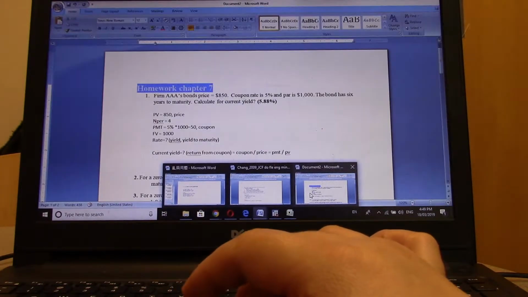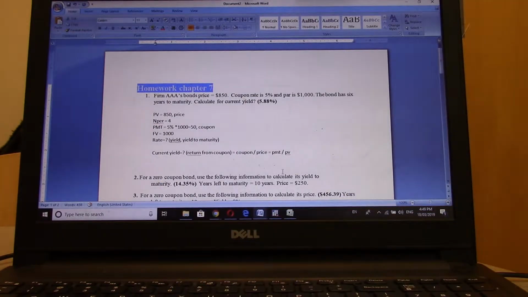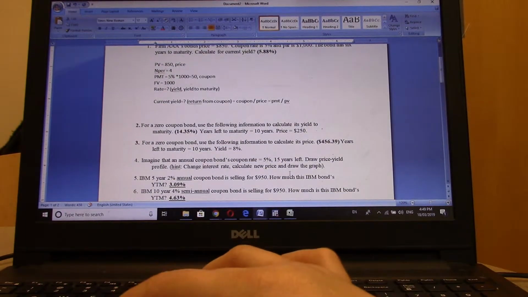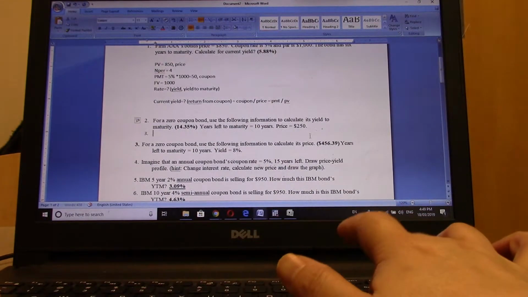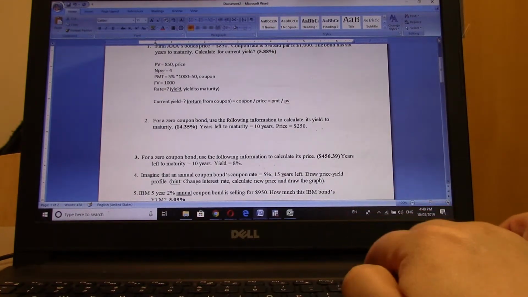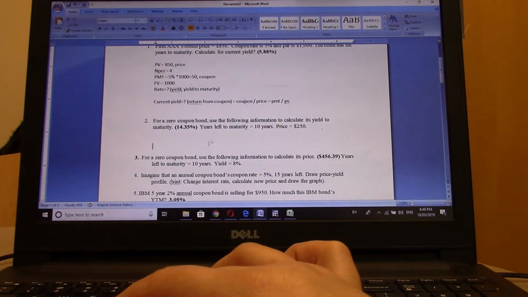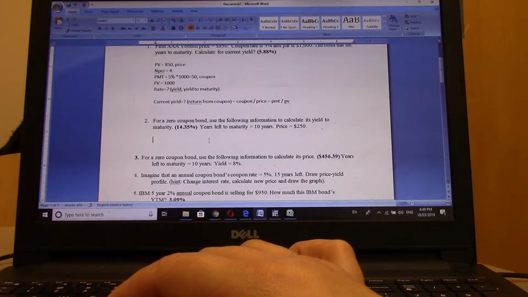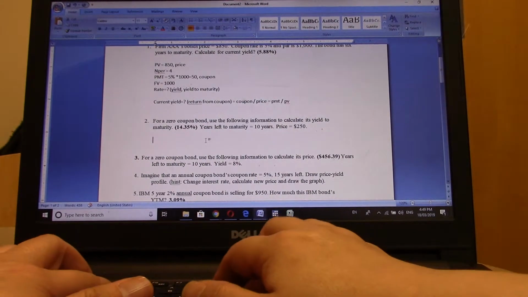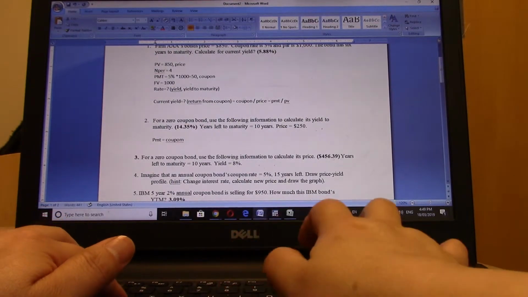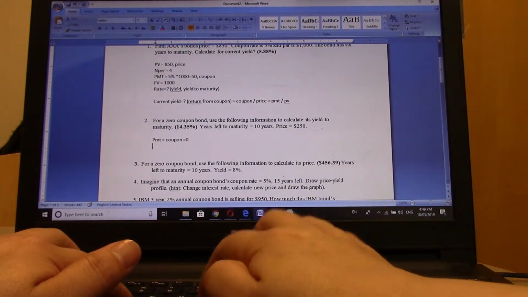Okay, so this is the first question. And the second question, for a zero coupon bond, use the following information to calculate its yield to maturity. The answer should be 14.35%. Zero coupon bond, and that means PMT, or coupon, is $0.